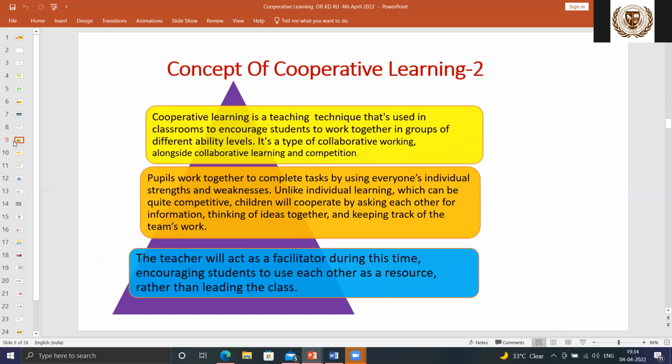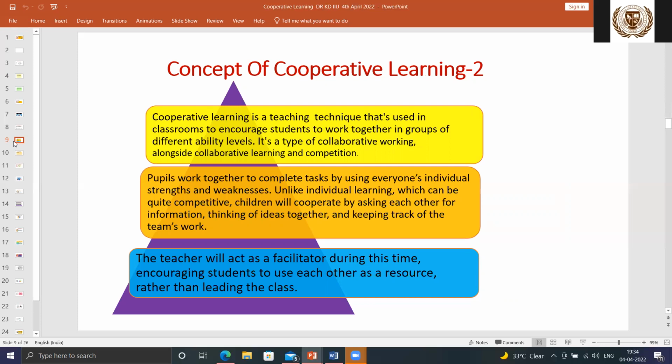Concept of cooperative learning, part 2. Cooperative learning is a teaching technique that is used in the classroom to encourage students to work together in groups of different ability levels. It is a type of collaborative working, alongside collaborative learning and competition. People work together to complete tasks by using everyone's individual strengths and weaknesses.